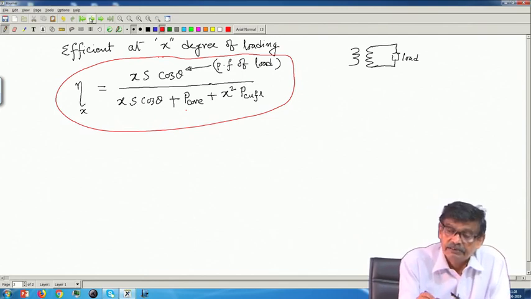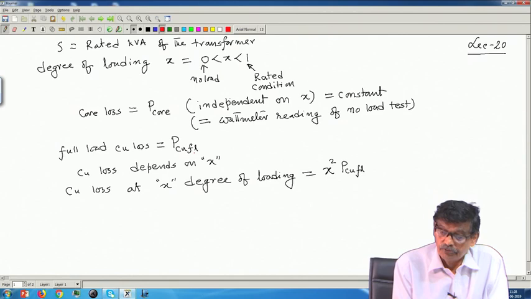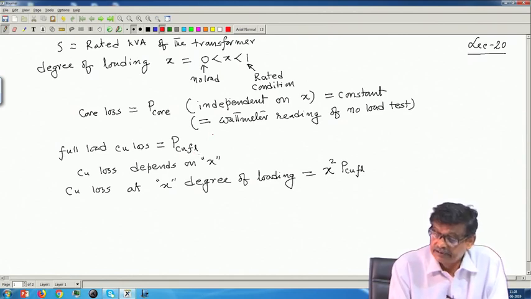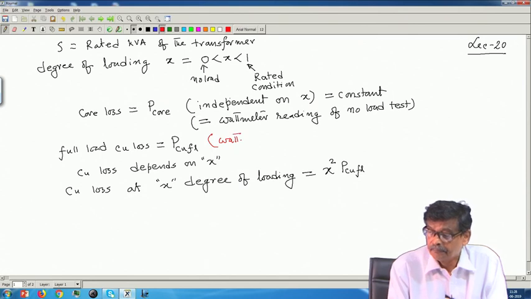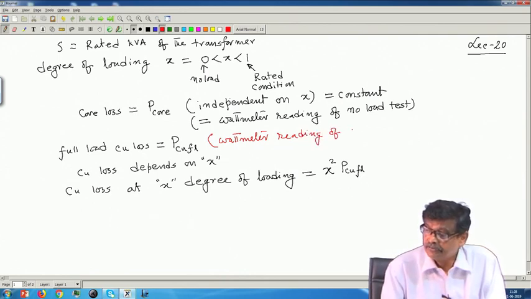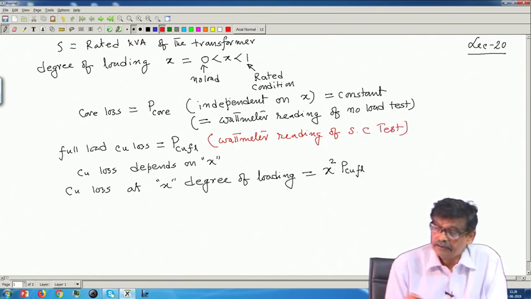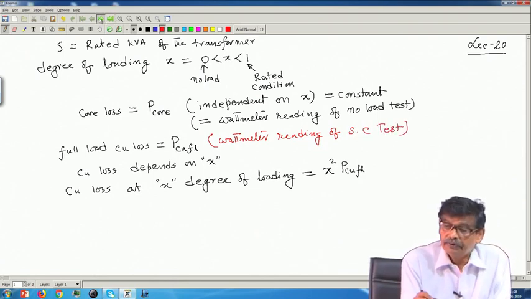You recall this P CU full load, here I write, is the wattmeter reading of short circuit test. Got the point.